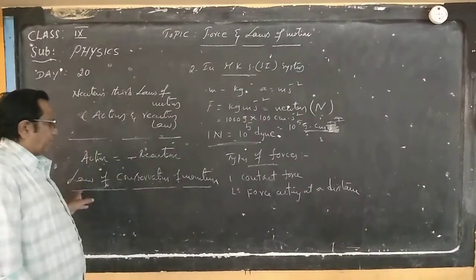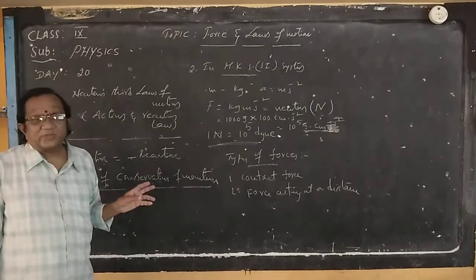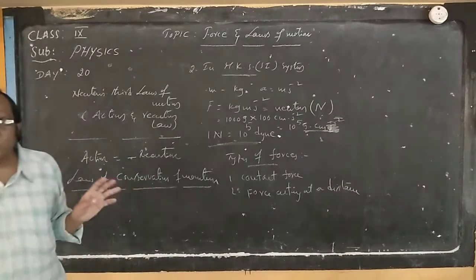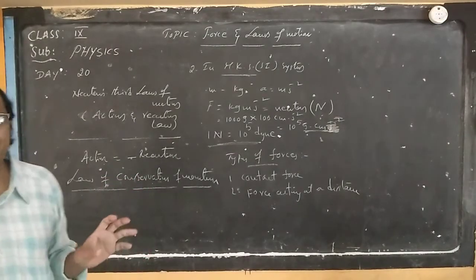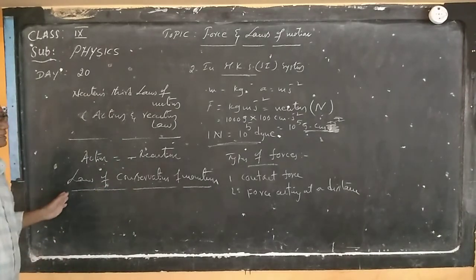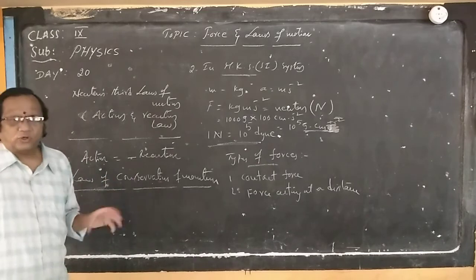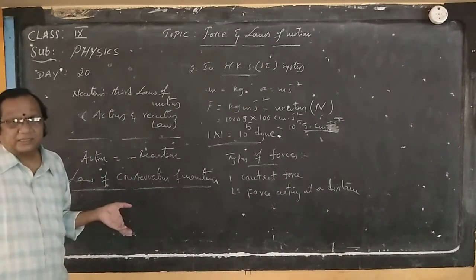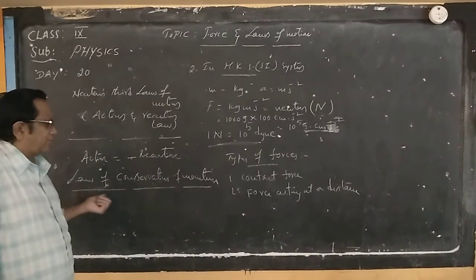Now we can discuss the law of conservation of momentum. This law of conservation of momentum is also a very important one. Momentum means we know here that two opposite and equal forces act, and we get this conservation of momentum application.